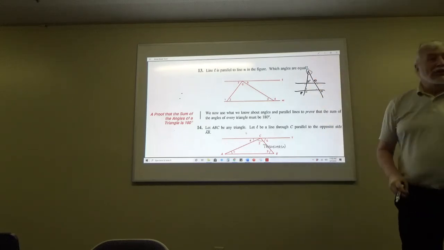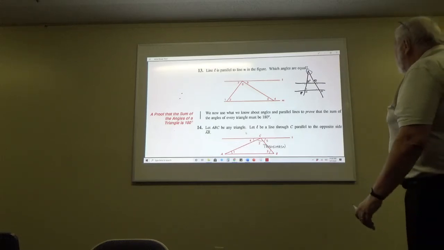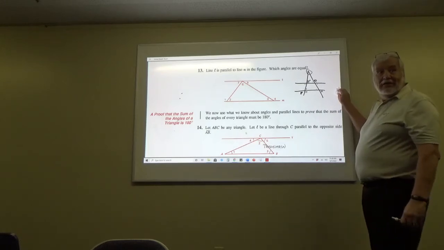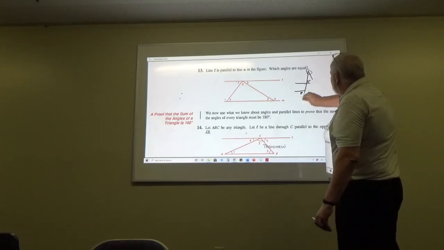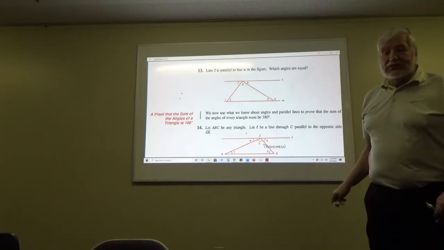Subtract them from 180, you get the top. So 180, subtract those, it looks like it's going to be about 47 degrees. 39? 39. Okay.